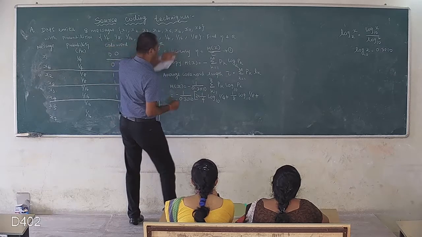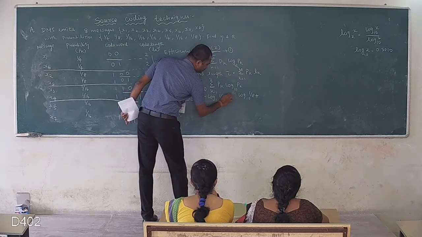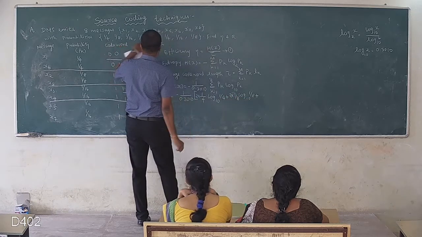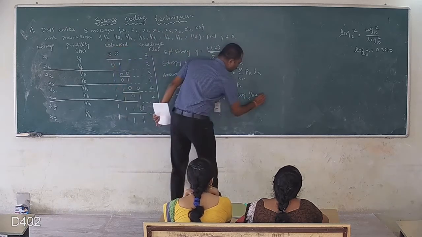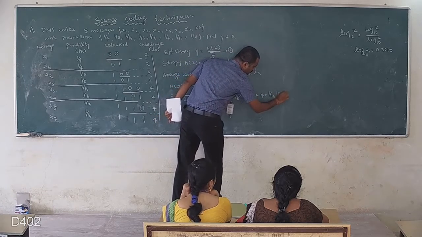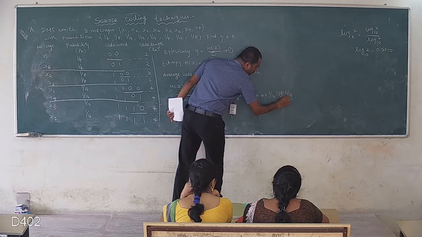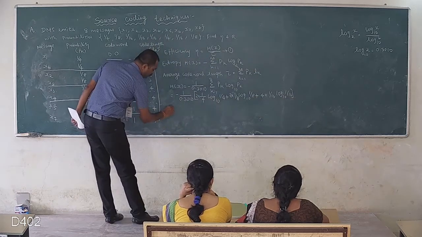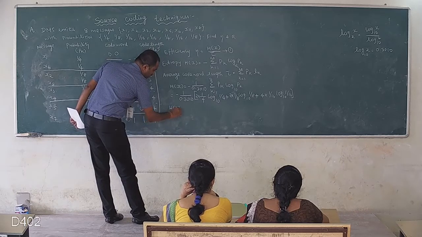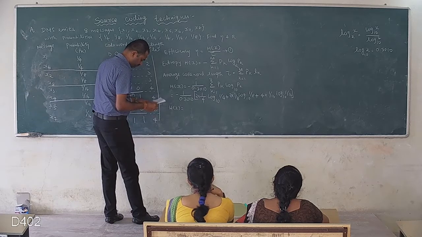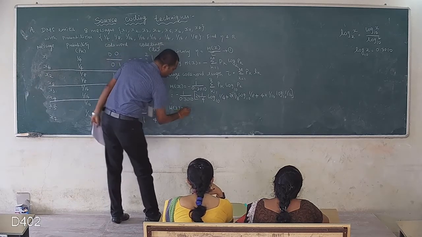There are 2 1 by 8, so 2 into 1 by 8 plus there are 4 1 by 16s, so 4 into 1 by 16 log 1 by 16 to the base 10. If you simplify, you will get the value h of x entropy is equal to 2.75.